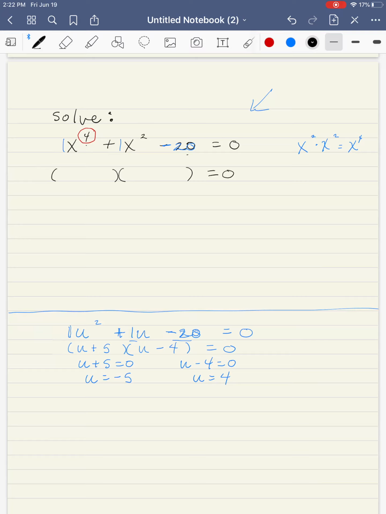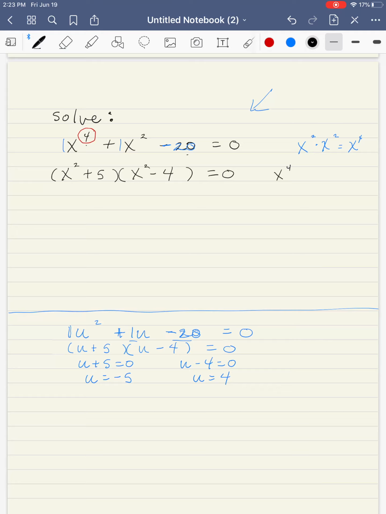So I can actually factor this. And instead of putting a u or an x, I'm going to have x squared times x squared. And then the part that gives me the negative 20 is going to be the same. It's going to be the plus 5 and the minus 4.